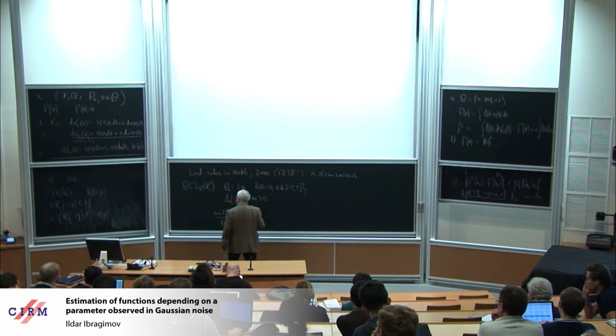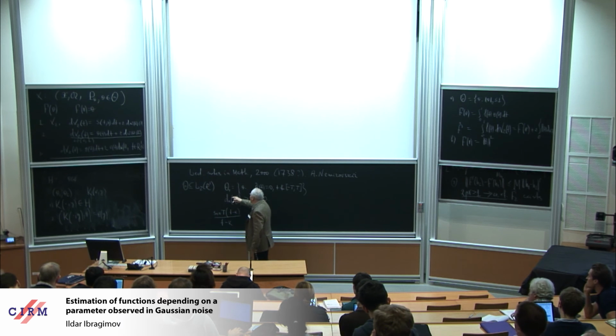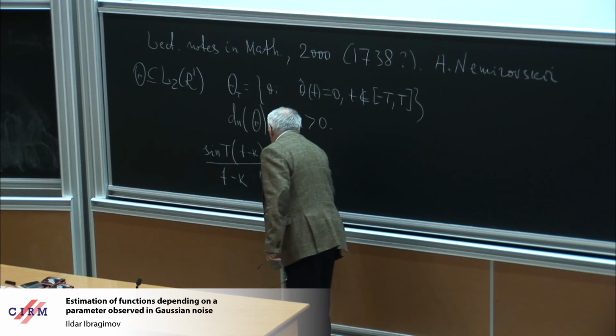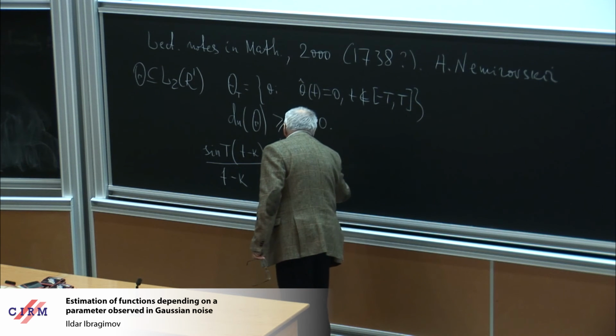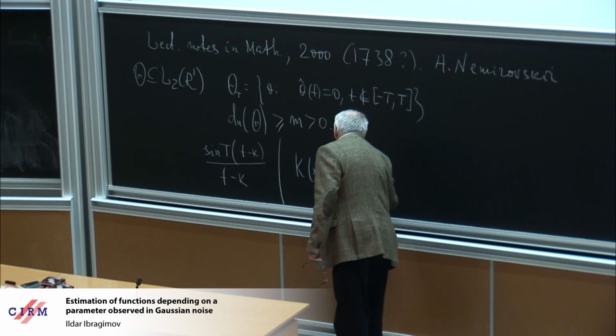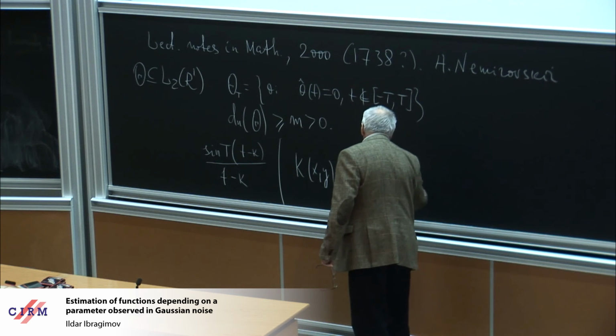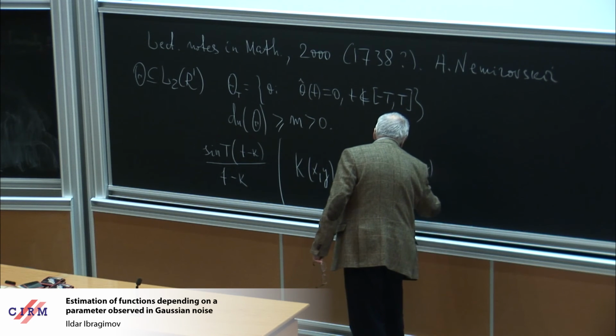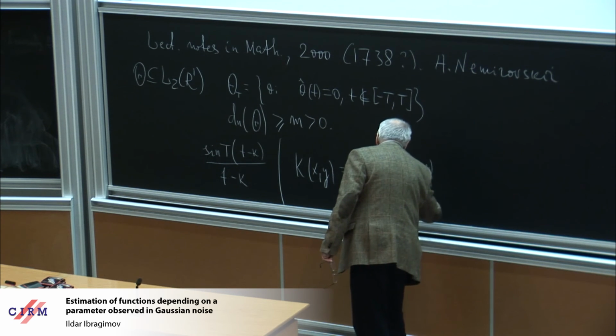For example, this space is a reproducing kernel space in L2 with the kernel k(x,y), which is equal to 1 divided by pi times sine t(x minus y) over (x minus y).